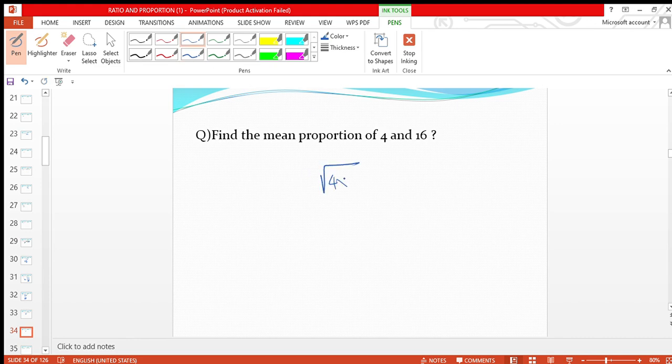Under root 4 into 16. So 64. That is equal to 8.